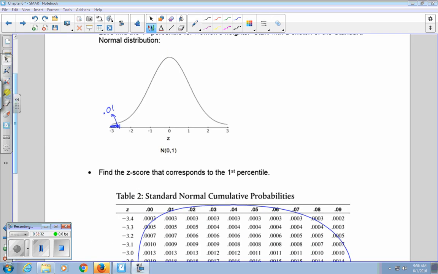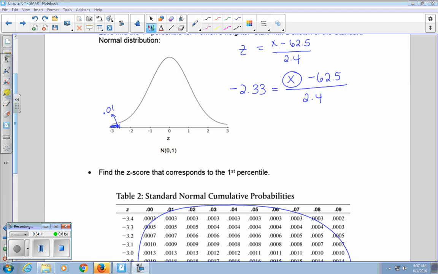So we're going to be solving for a value. So remember that our formula is z is equal to x minus the mean, which is 62.5, over 2.4. We just looked up our z value on the table, and it was negative 2.33. So our goal is to find out what height, our x, corresponds to this first percentile.